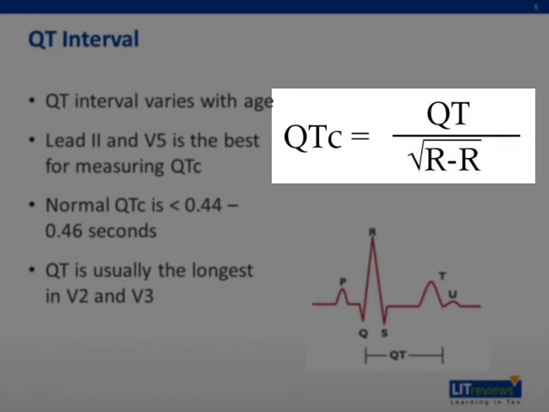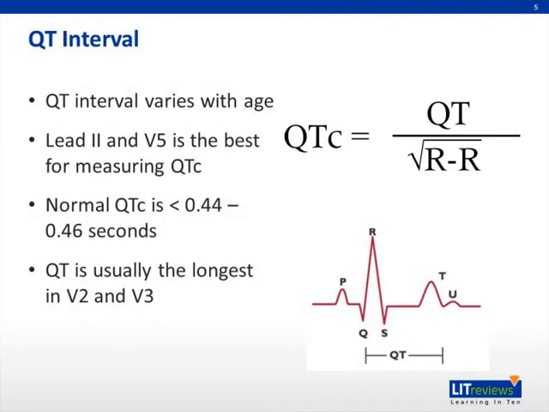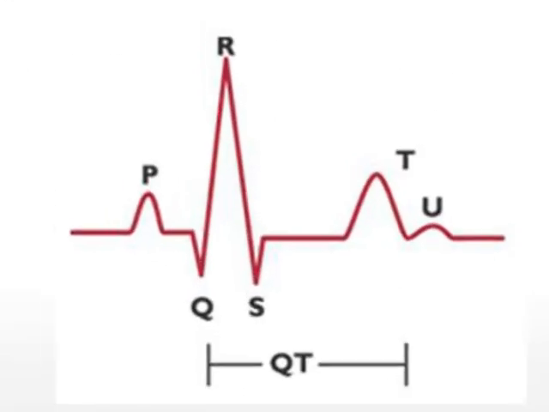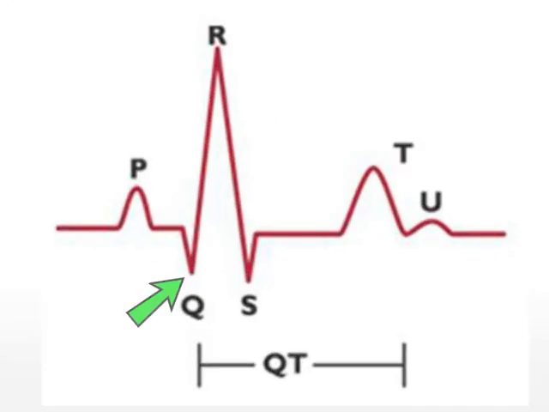It is very important to remember to keep the measurements in seconds and not milliseconds, or the equation will be wrong. Also, please become familiar with how to measure the QT interval. The image on the bottom right depicts the correct way to measure the QT interval. The QT interval is defined from the beginning of the Q wave to the end of the T wave.